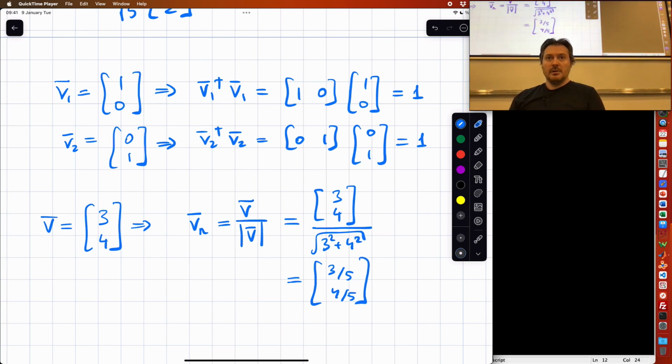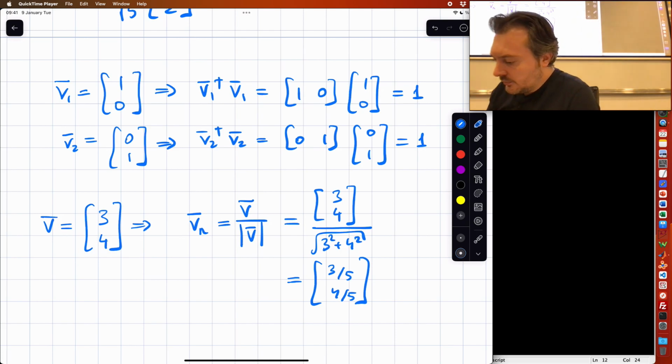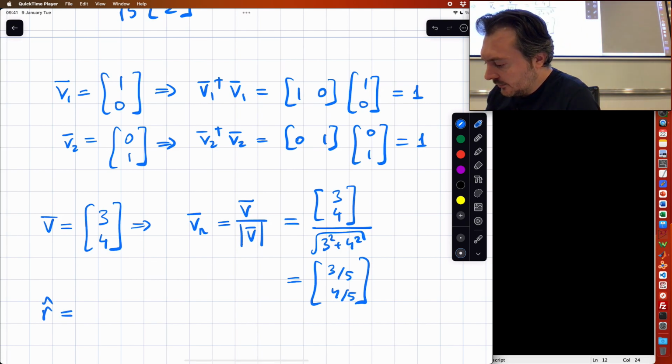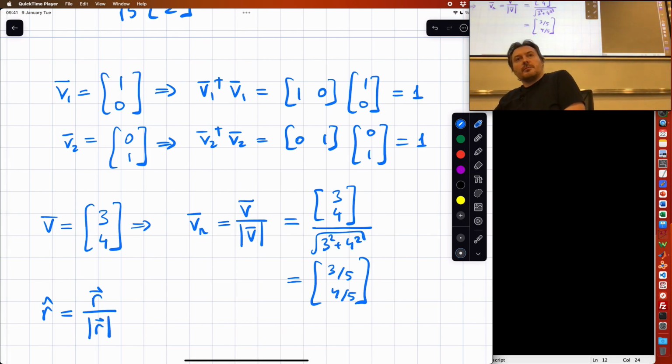Very good. So that's also how you get unit vectors in physics, right? If you want to get unit vector r, you divide r vector by r vector magnitude. Okay? Very, very good.